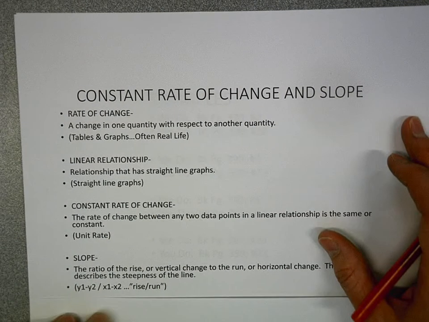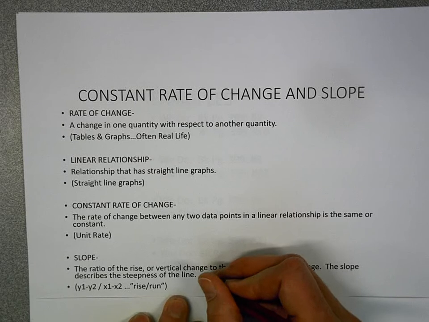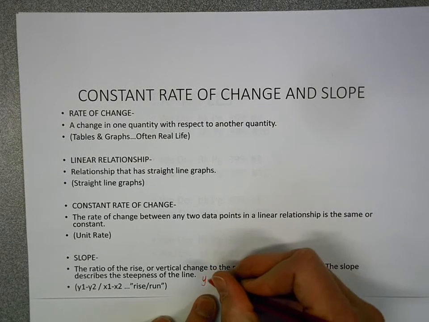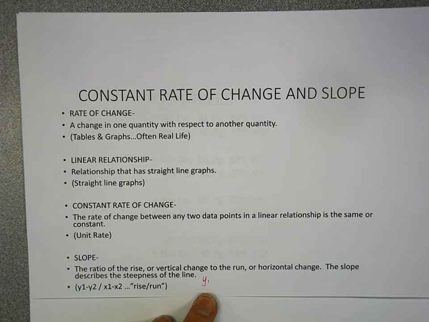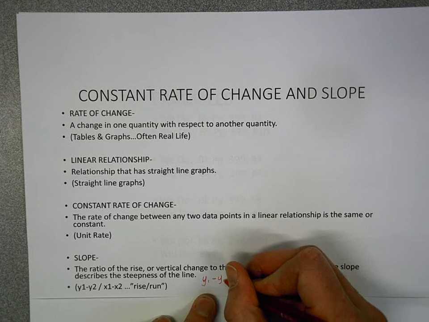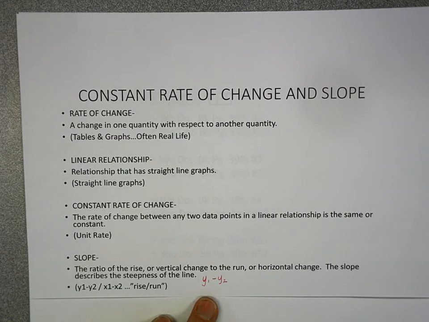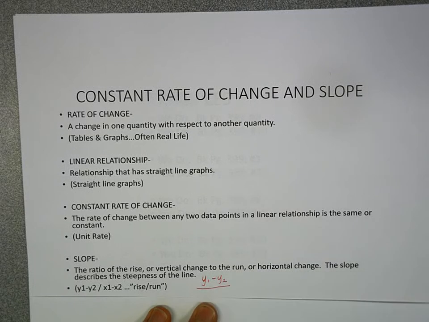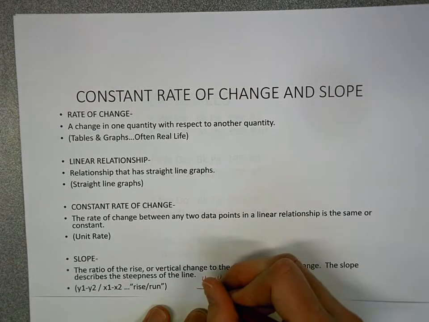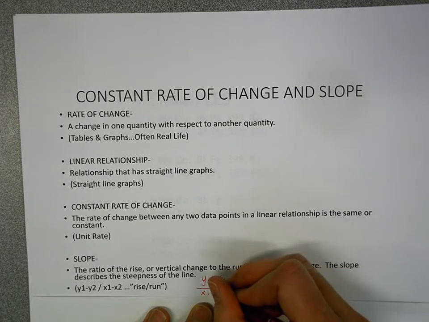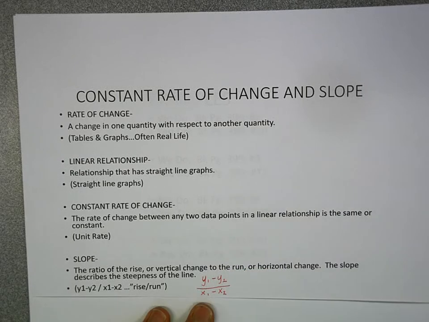I'm going to say don't copy that down, write this down. What we usually have is the first y coordinate, y with a little subscript 1, minus the second y coordinate, over, like the numerator part, over the first x coordinate, x with subscript 1, minus the second x coordinate.